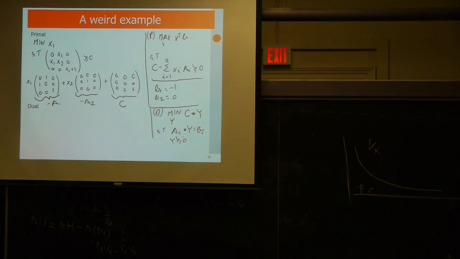So we want to minimize the inner product between C and Y. That's C and Y. We want to minimize this in Y. Subject to, we have two other constraints, right? The inner product between A1 and Y is B1, and the inner product between A2 and Y is B2.